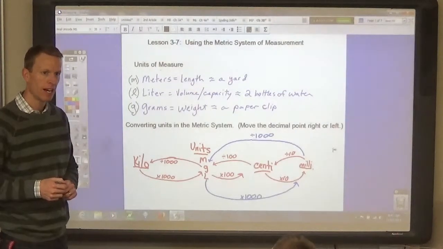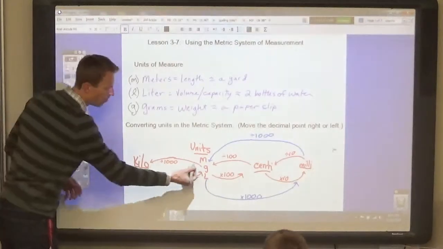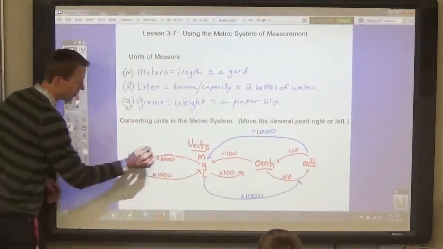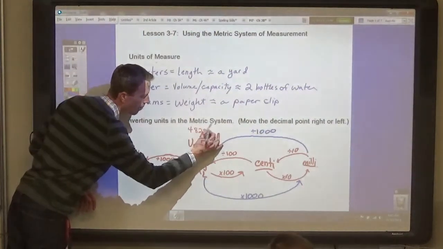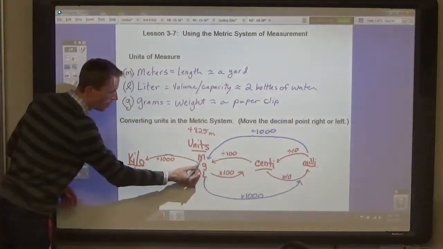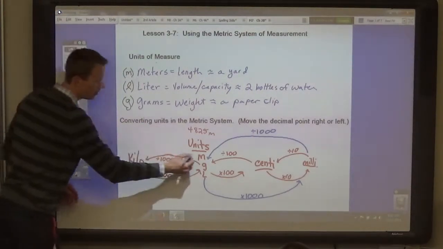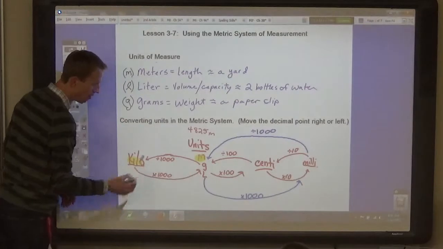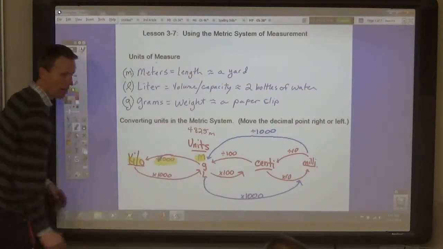And the question is, how many kilometers is that? To go from meters to kilometers, you follow the arrow and divide the number by 1,000.